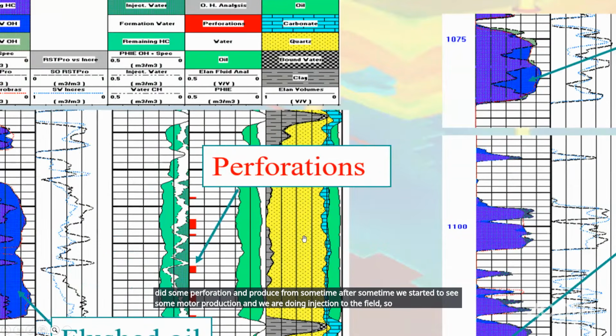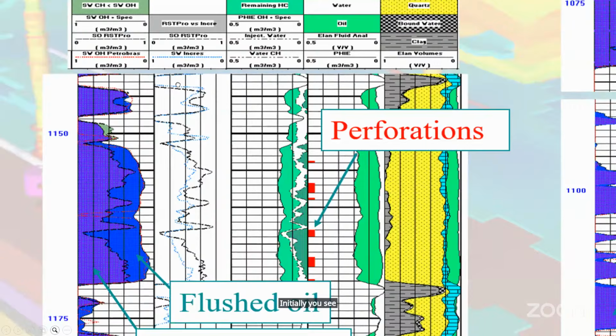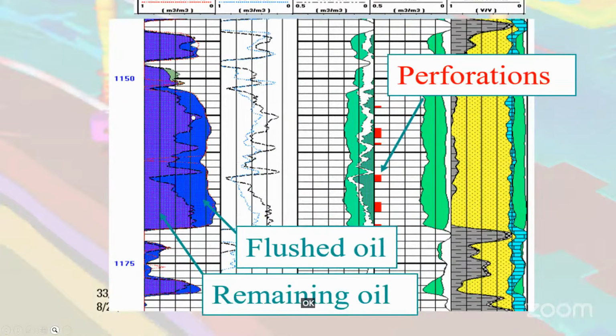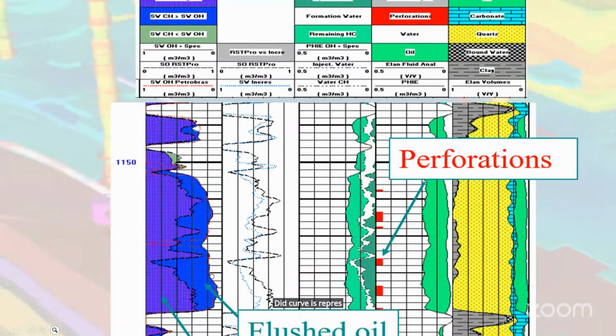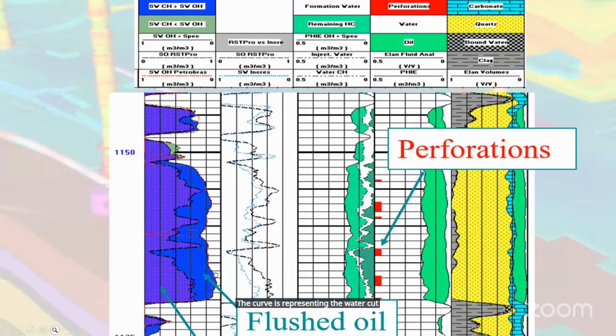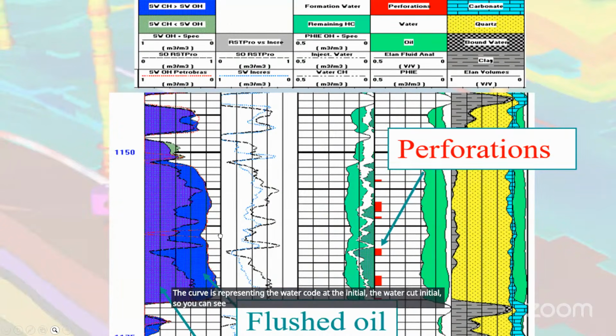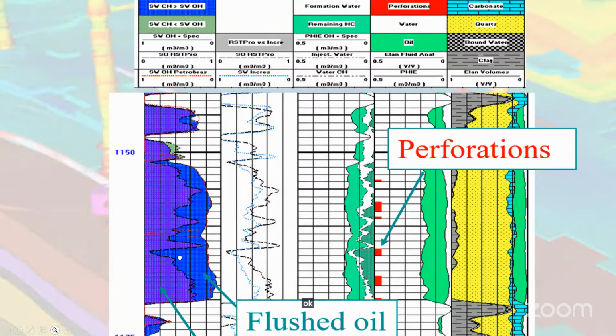So we can see initially, you see this curve, okay? The red curve is representing the initial water cut. So you can see the water cut is almost about 20%. After some period of time, you see the purple one is the water cut from the RST.